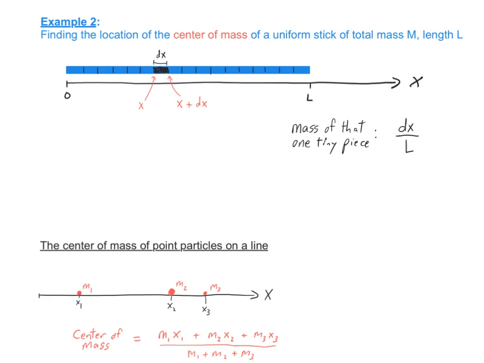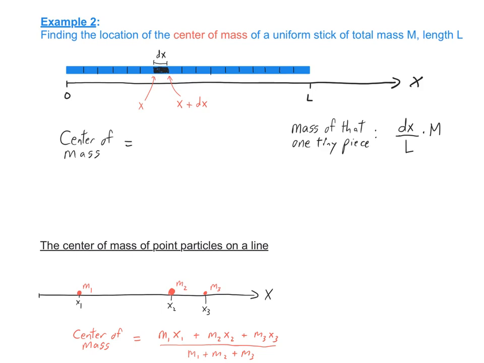And if I take that fraction of the stick and multiply it by the total mass of the stick, that tells me the fraction of the mass contained in this one little piece. So the mass of that one little piece is dx over L times M. So I've chopped up the stick into a bunch of little pieces, and I found the mass of a given little piece. And this little piece that I looked at was located at position x.